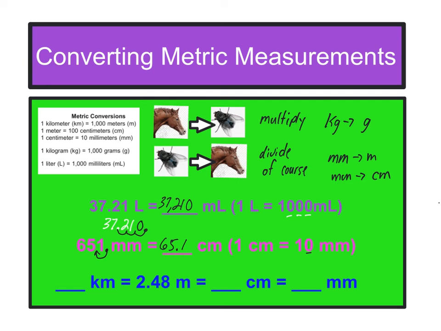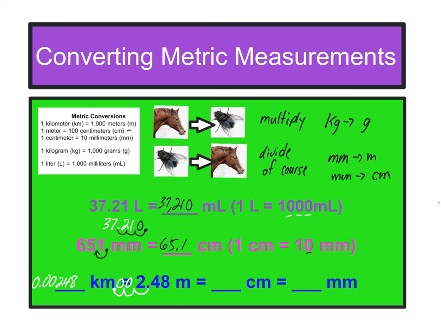So I'm going from fly to horse, so I need to make this smaller, so I'm going to have to back this up. 1, 2, 3, because when I divide, it hops backwards the number of zeros, which was 3 zeros, so that's actually quite a small answer here of 248/100,000ths.